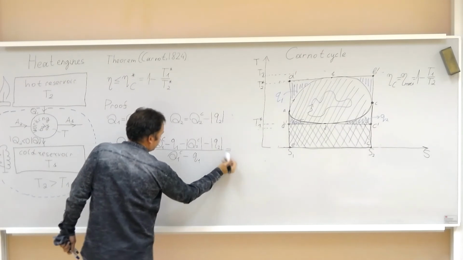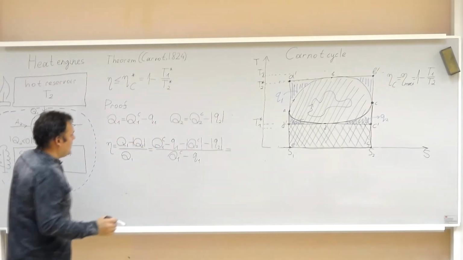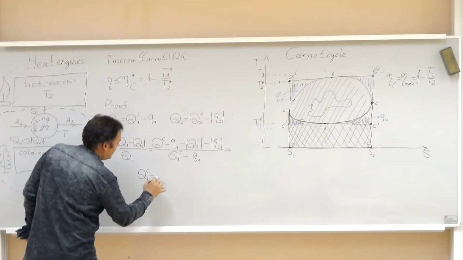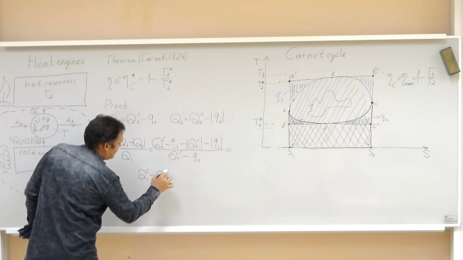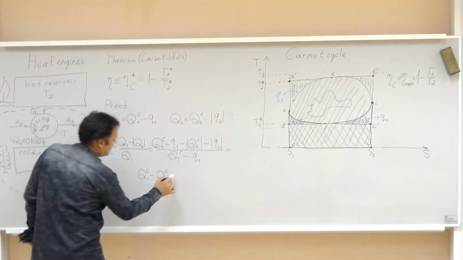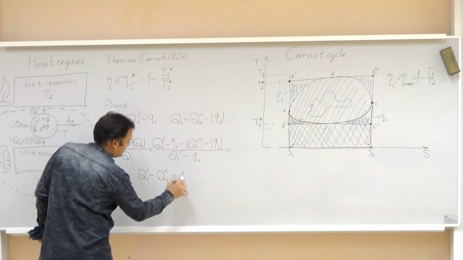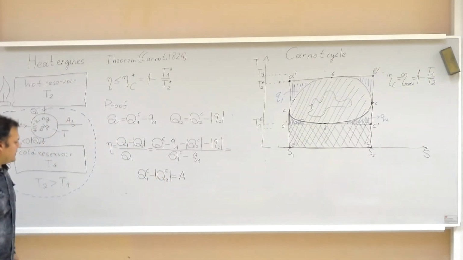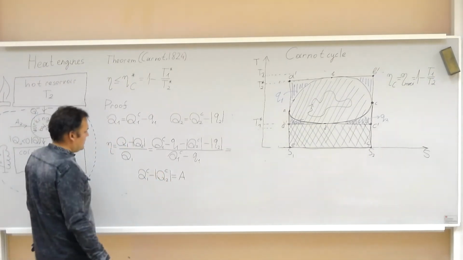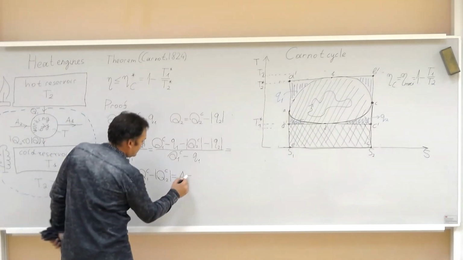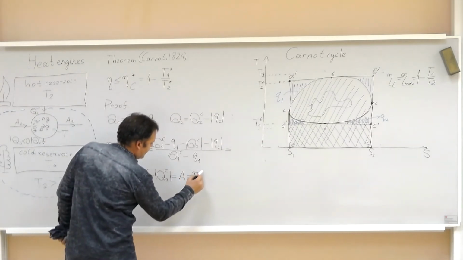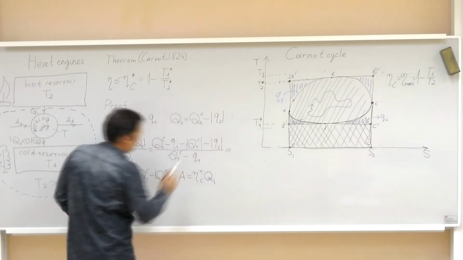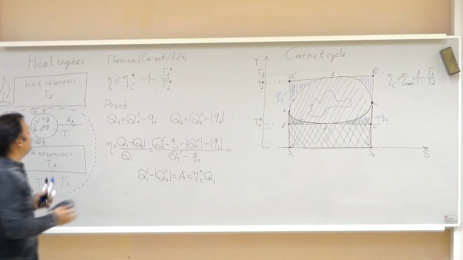Now I make simplifications. I see that Q1 Carnot minus Q2 Carnot is in fact a work. So it's eta Carnot multiplied by Q1 Carnot. It's the first simplification.